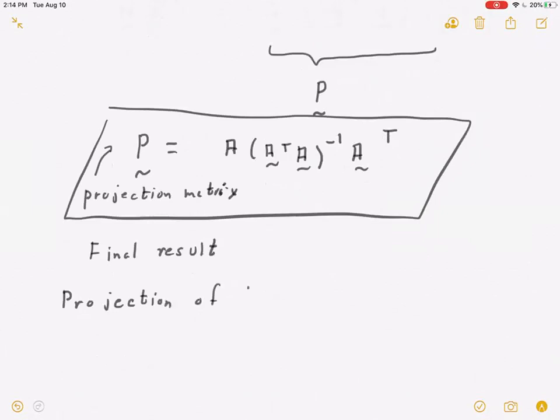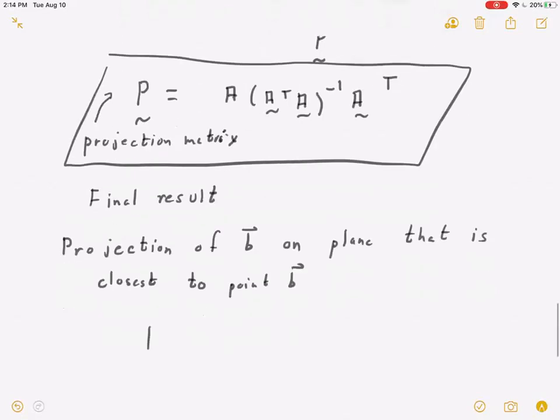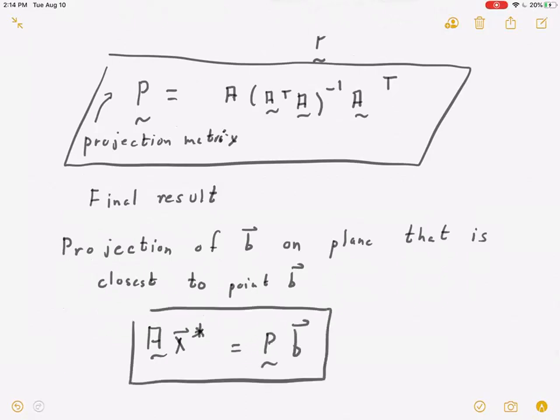So the projection of B on the plane that is closest to the point B is simply A acting on X asterisk, and that equals the projection matrix times B. Okay, take a deep breath.